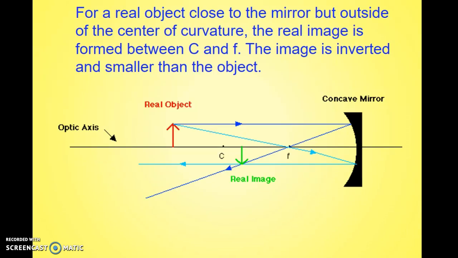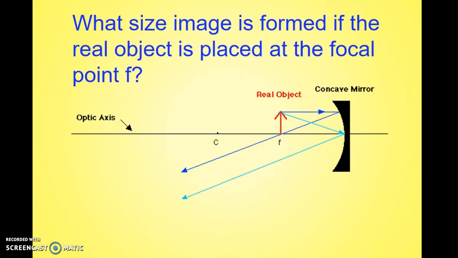Here you've got the object beyond C, and you can see that the image that is produced is real, upside down or inverted, and it is smaller. It is diminished. For this one, you can see that when the object is at F, the focal point, there is no image. The reason is because these rays are parallel, so they never meet, which means there's no focus. There's no image formed.